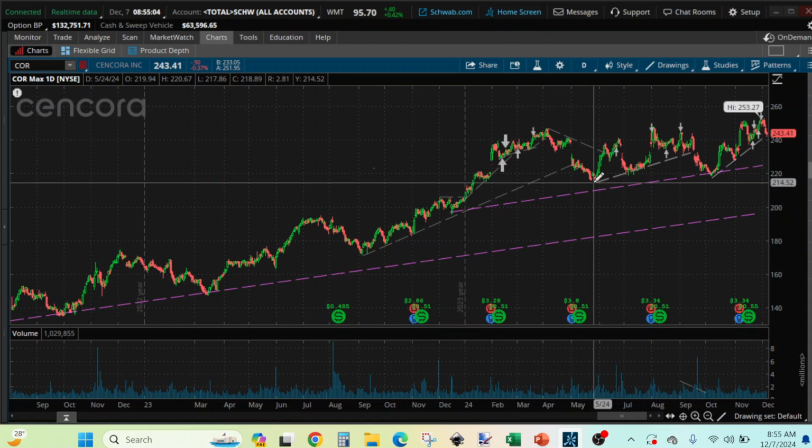So technically, if we want to buy it on this trend line, if it starts going up on Monday, we'll be able to get in. Let's increase this bar a little bit.